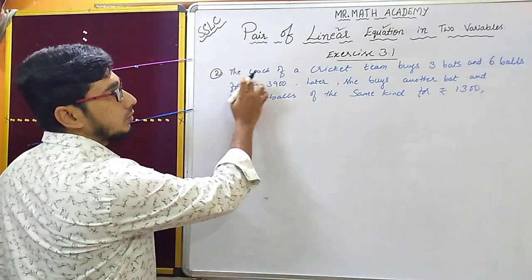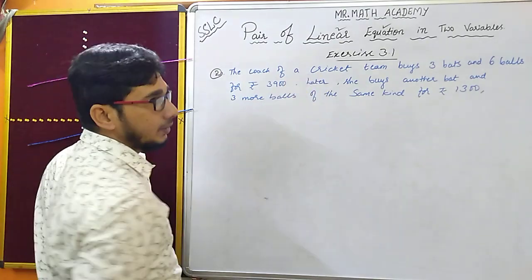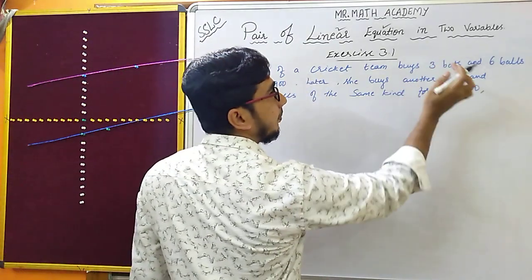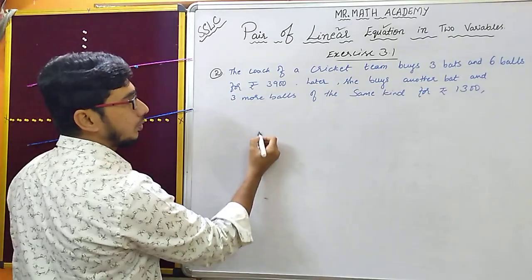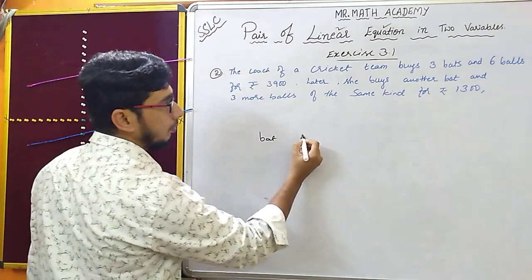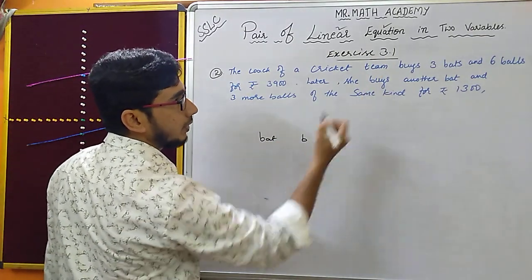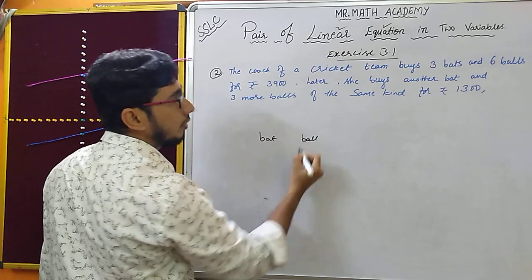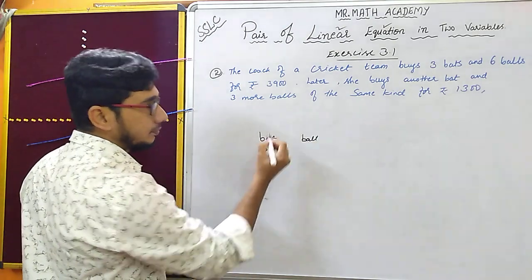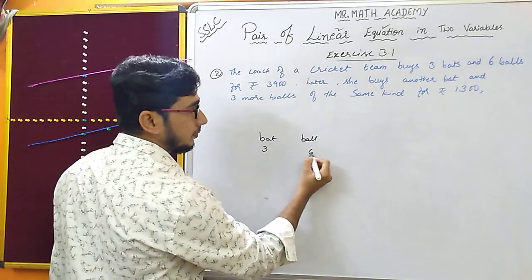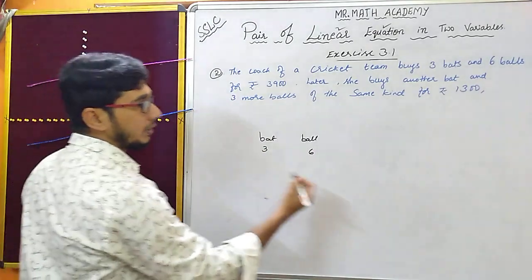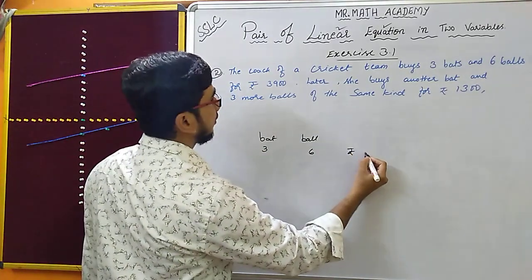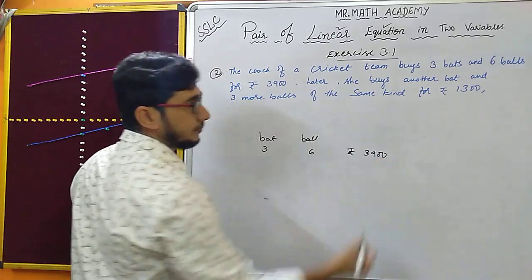Listen carefully. The coach of a cricket team buys 3 bats and 6 balls. So 3 bats and 6 balls, for rupees how much? 3,900.